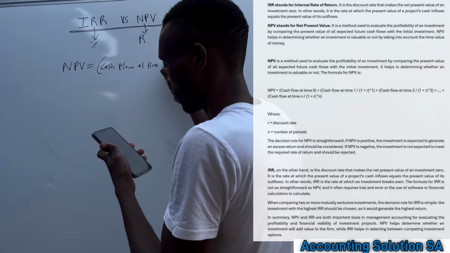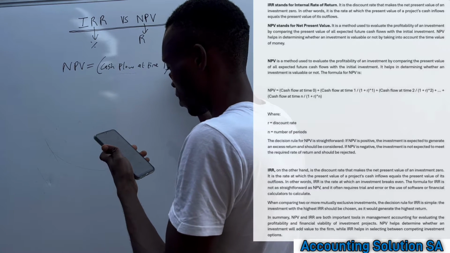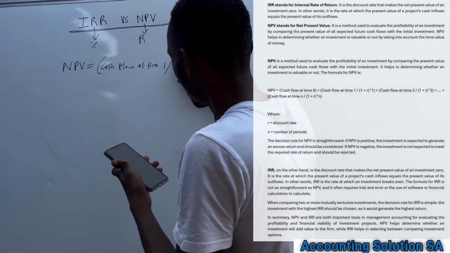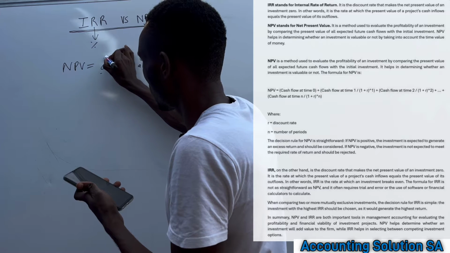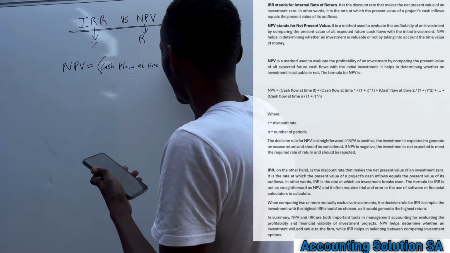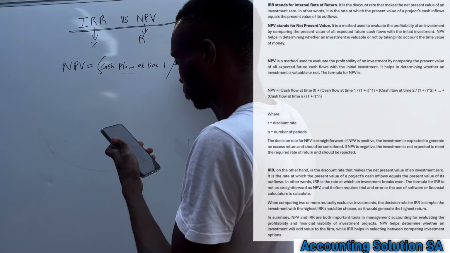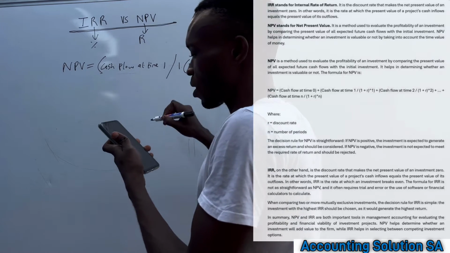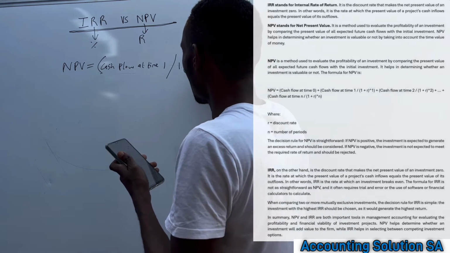Then the cash flow at time 1, which you need to divide by 1, open a bracket. Remember this one, guys, is always there on the formula, then you say plus R.